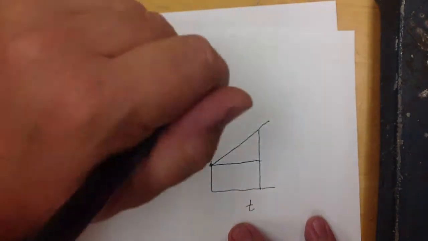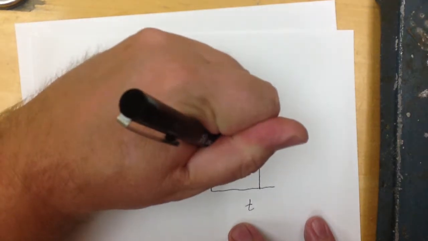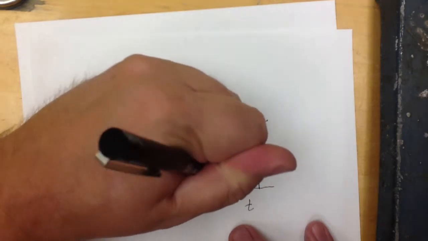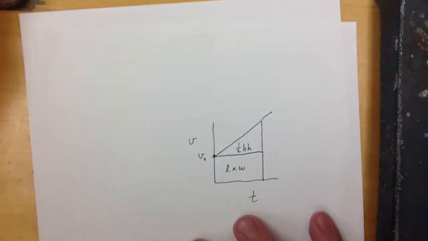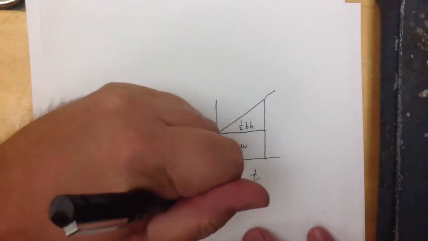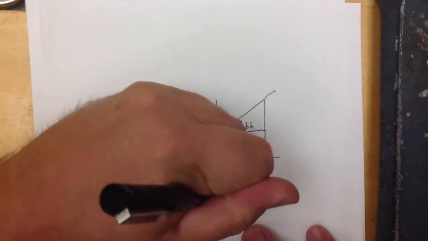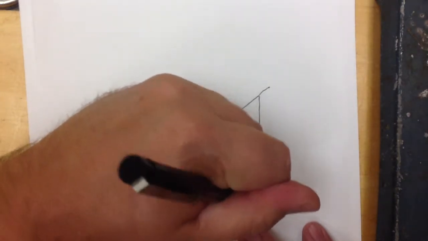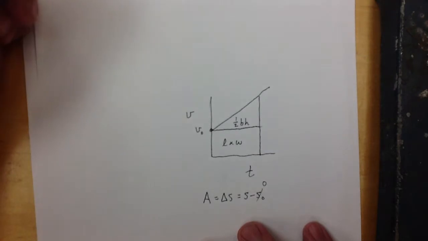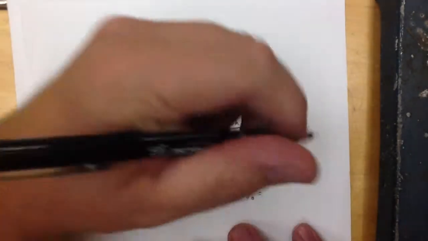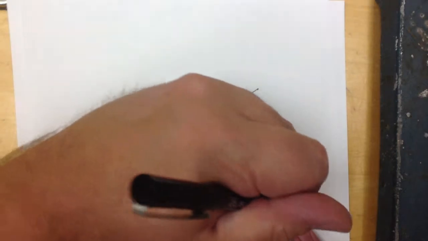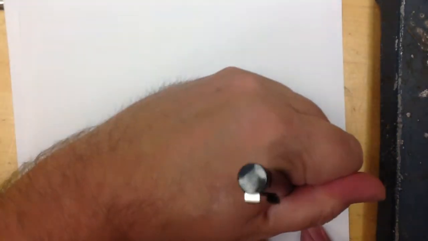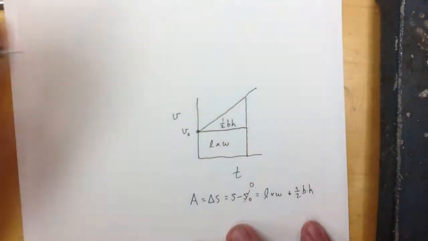There's the triangle part, where we get the area by 1/2 base times height, and here we get length times width. So the area is equal to the change in position, but keeping in mind we're starting from the origin, so S sub 0 is 0, so this is really just S. This is going to be the length times the width plus 1/2 base times the height.